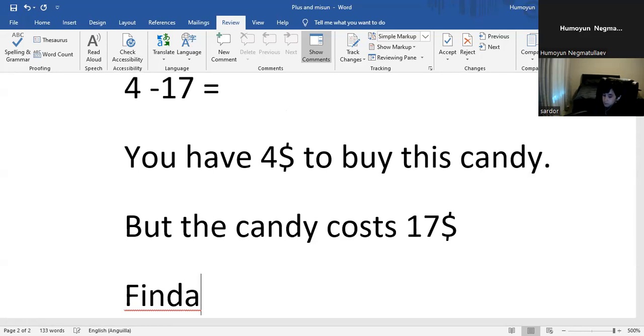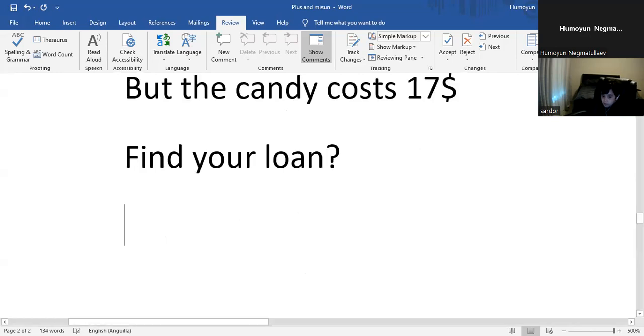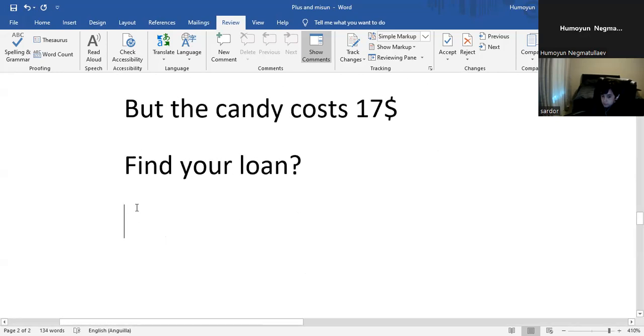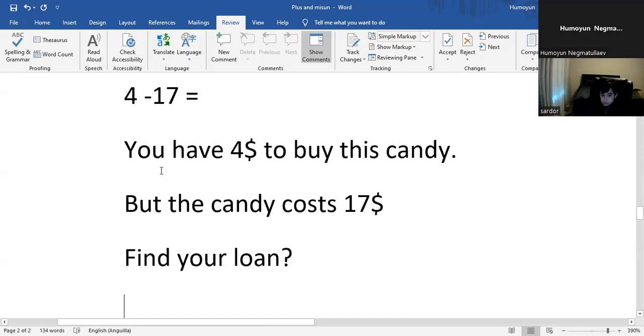This kind of question you will have in your school, okay? Find your loan. The shop seller is going to give you this money. You have $4 in your pocket to buy this candy, but the cost of the candy is $17.